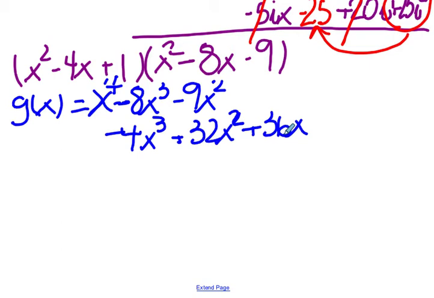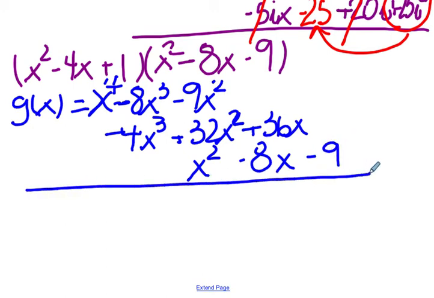And then finally, the 1 needs to go all the way through. So 1 times x squared is x squared. 1 times negative 8x is minus 8x. And 1 times negative 9 is minus 9. So if I combine my columns now, I should have my final answer.